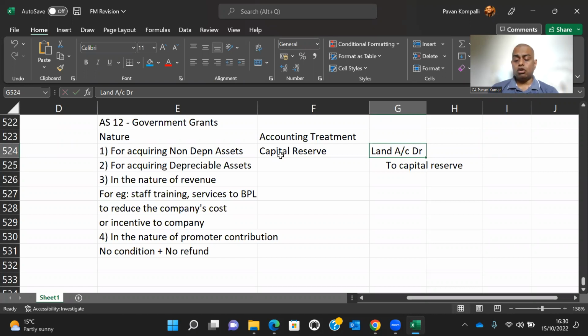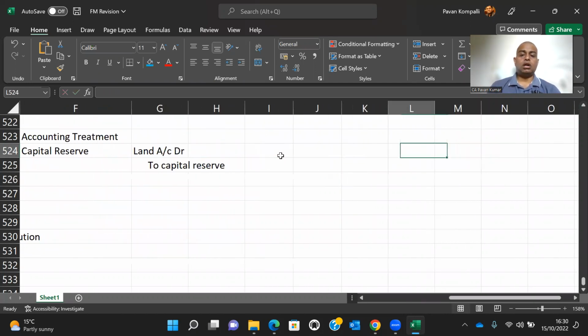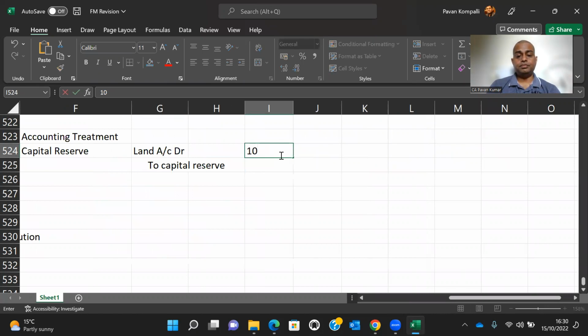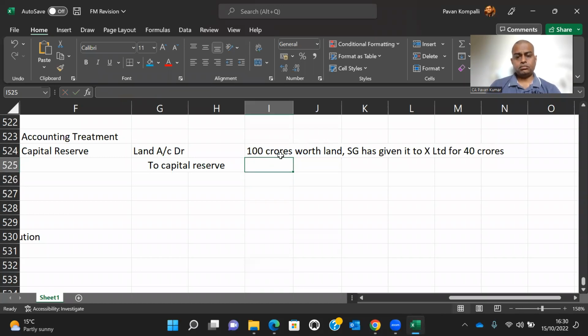Say for example, 100 crore rupees worth of land, state government has given it to X Limited for 40 crores. What is the journal entry? Land account debit to cash account or bank account, 40, 40. Is it right?